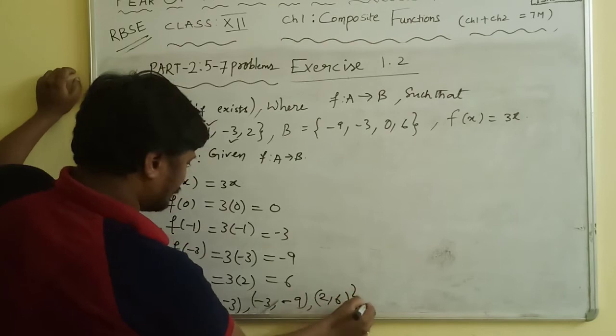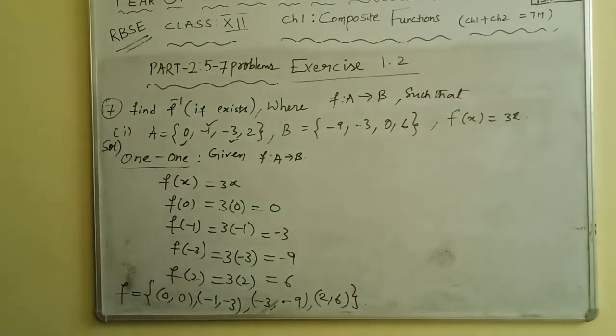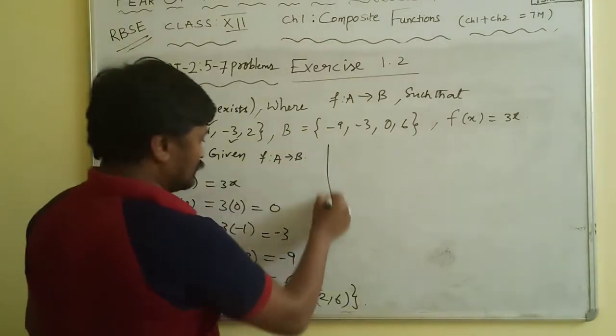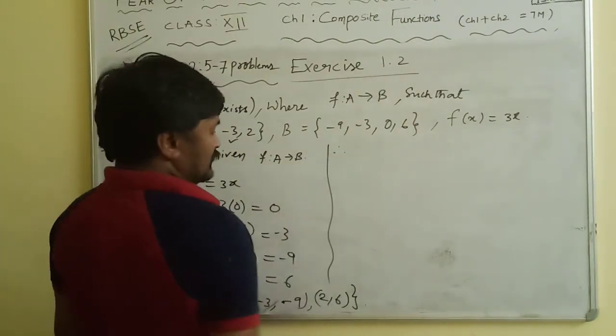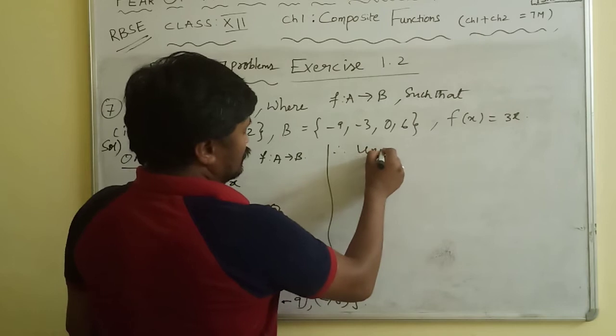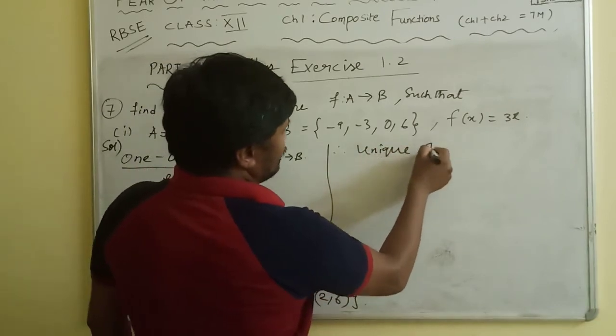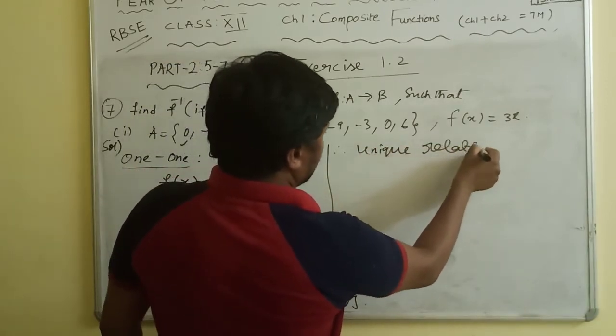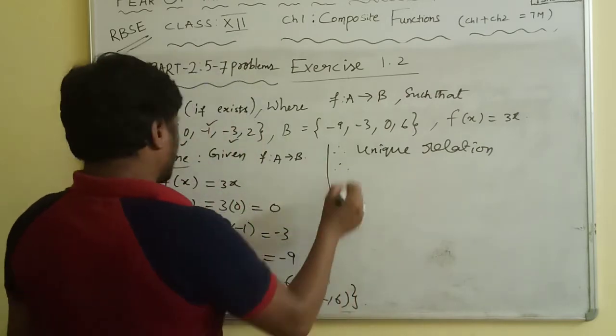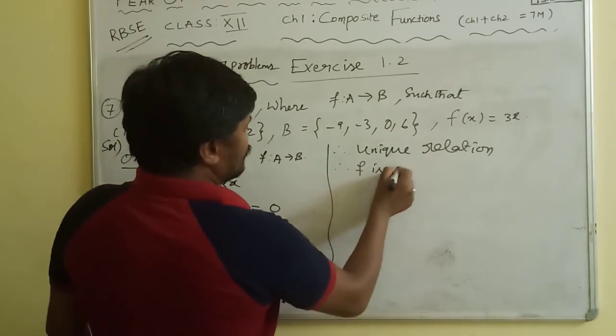So here the relation you find is unique, so it is going to be one to one. So we can write unique relation, therefore f is one to one.